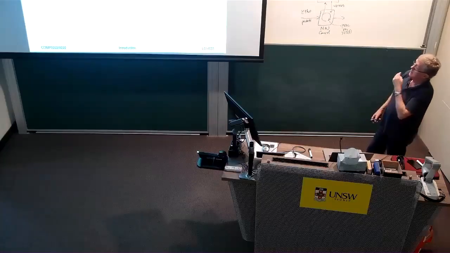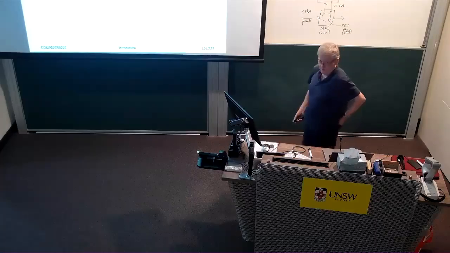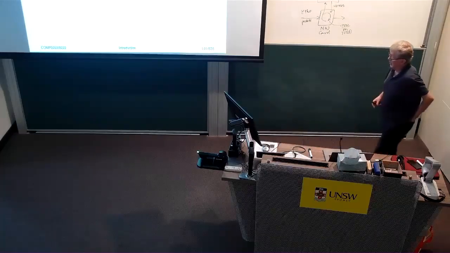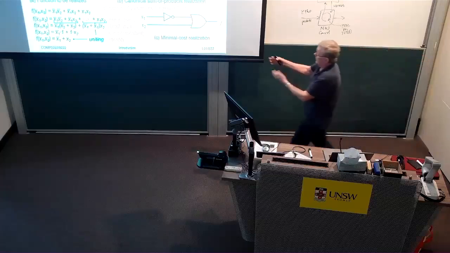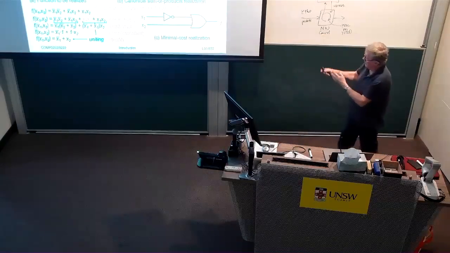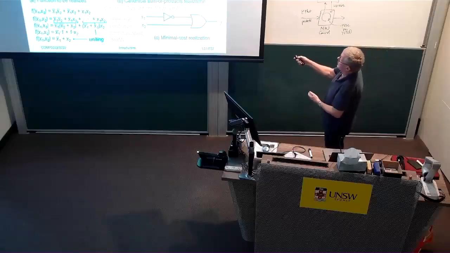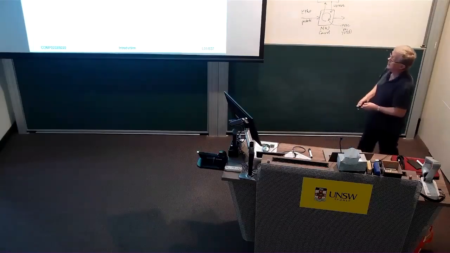I just want to make a few more observations now. I want to talk about the circuit cost. As you saw here, clearly this is a smaller circuit. It's got fewer gates. It's got fewer inputs to some gates, because this gate here has 3 inputs, whereas here it only has 2, etc.